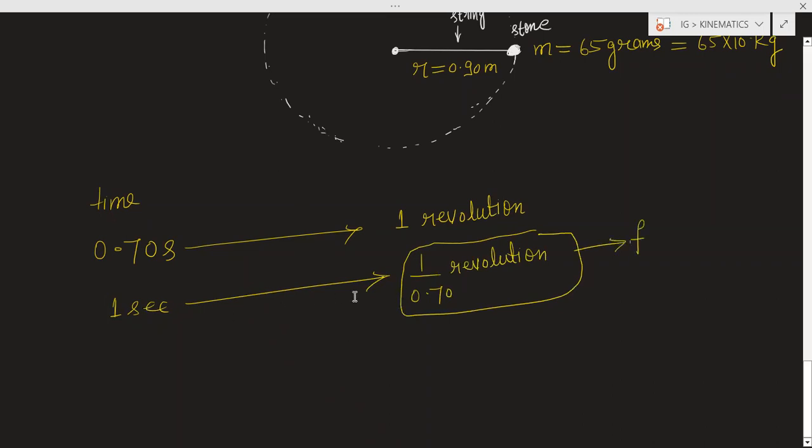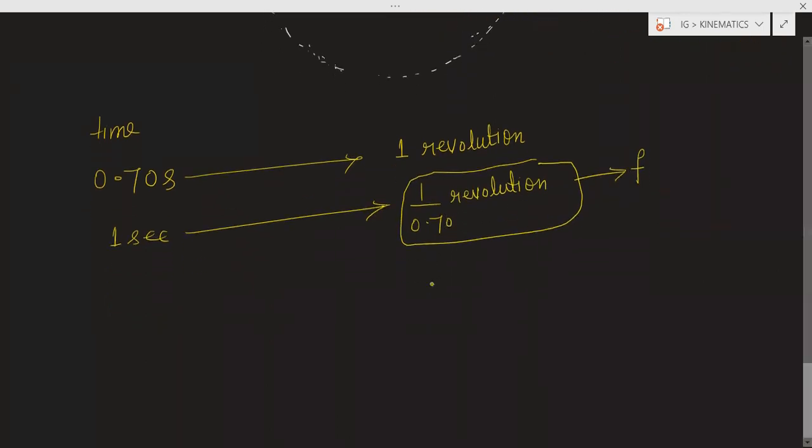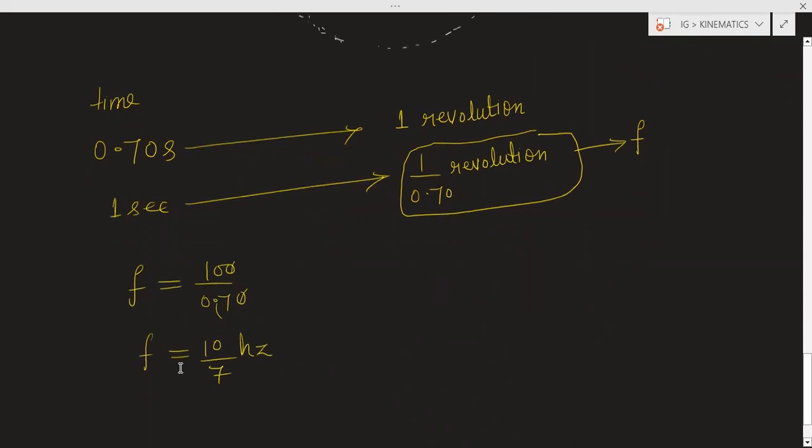So frequency is equal to 1 divided by 0.70, and you can remove the point, so it will be 10 by 7 hertz, because the unit of frequency is hertz or second inverse.